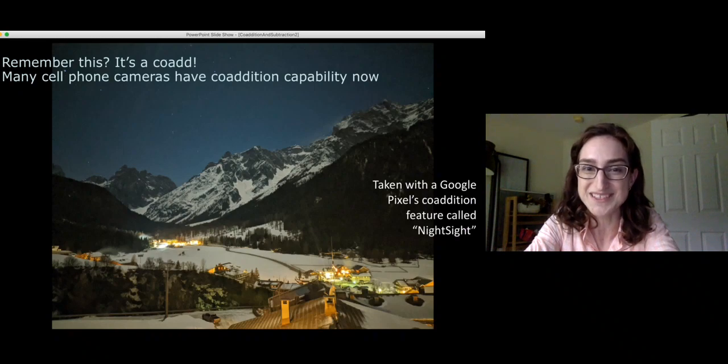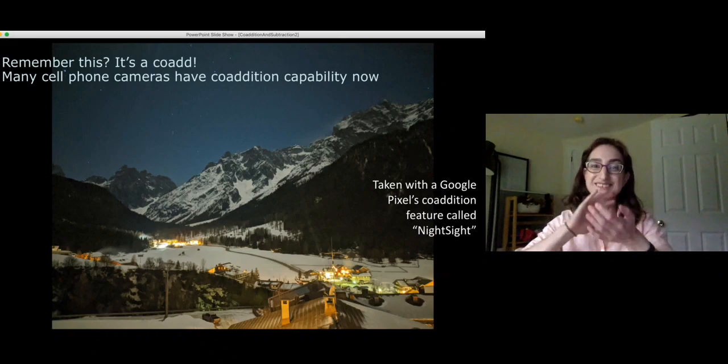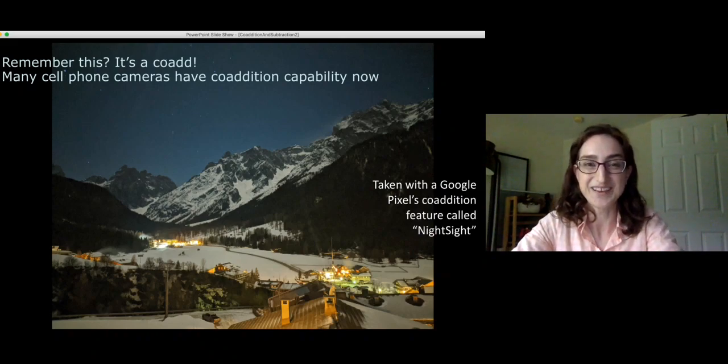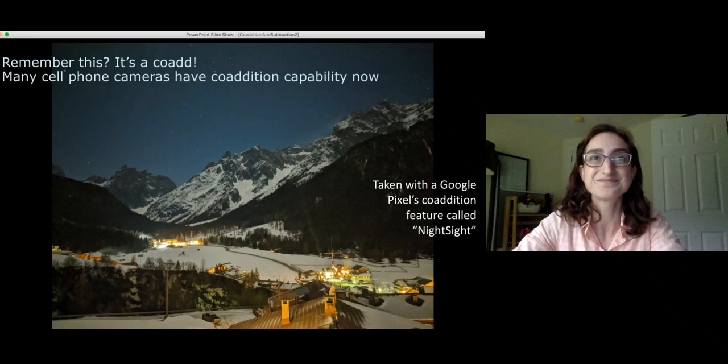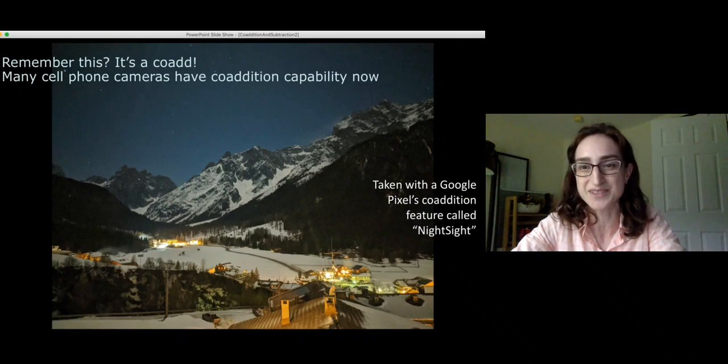So a lot of cell phones these days have a coaddition feature where you point it at something and take a picture, and it takes many very short exposures and then coadds them together for you at the end. This was taken with Google Pixel's feature called Night Sight, but I think iPhones have this as well, and that's called Night Mode.